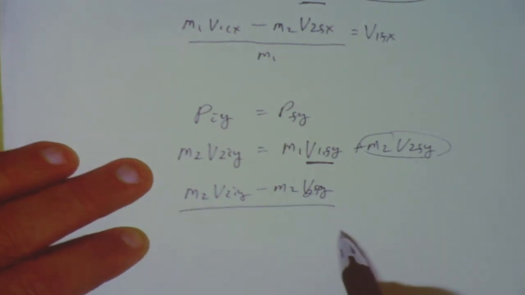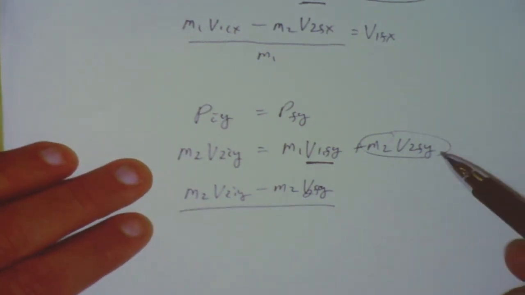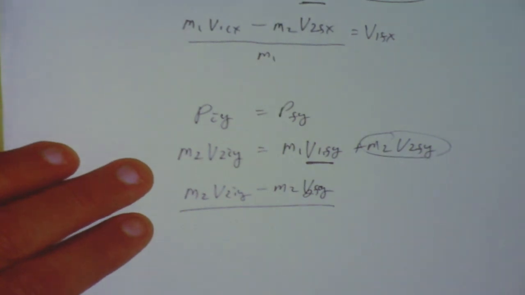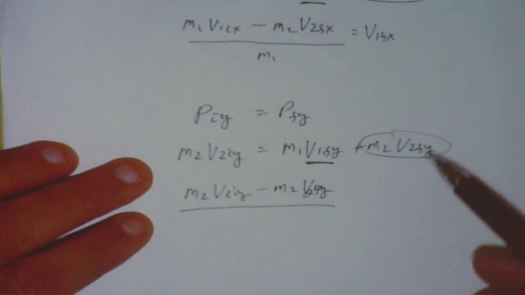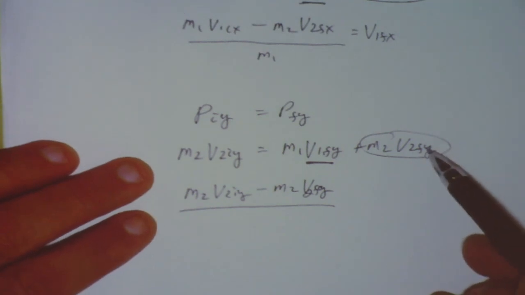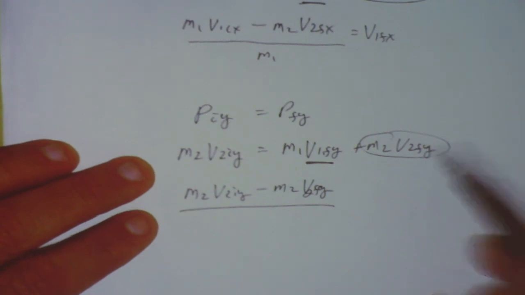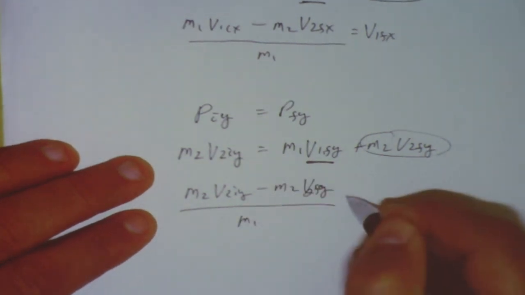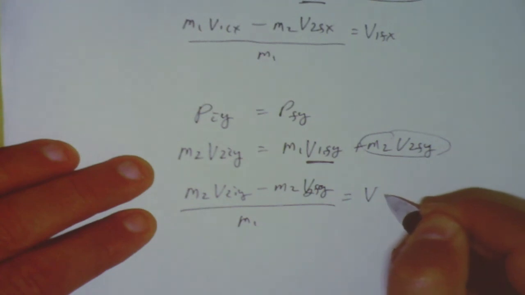There's a lot to keep track of, so if you're wondering what's up with all these three subscripts, it's because we've got all different velocities in different directions, initial and final. It's a little bit cumbersome, but it's hard to do it otherwise. And then I've subtracted that from both sides, divide by m1, and that will give me v1 final y.